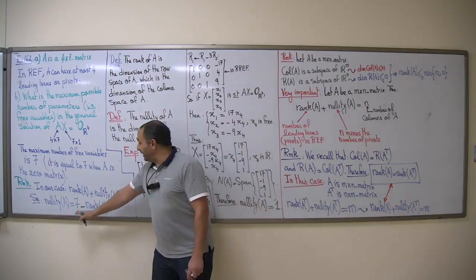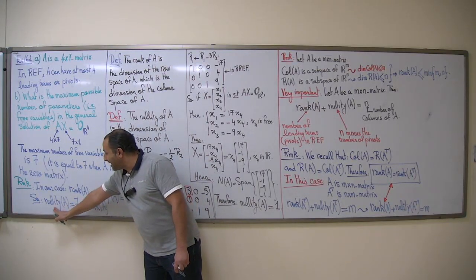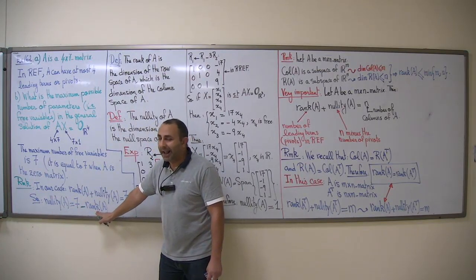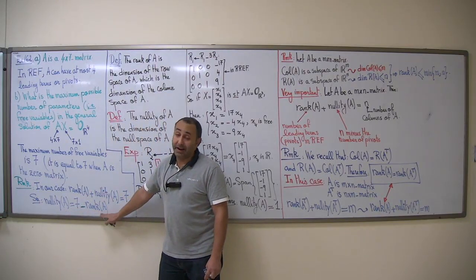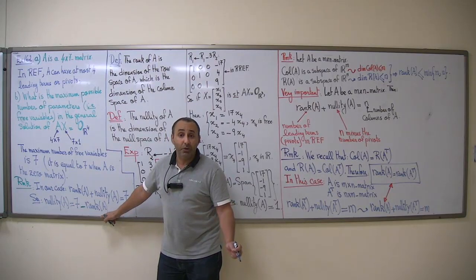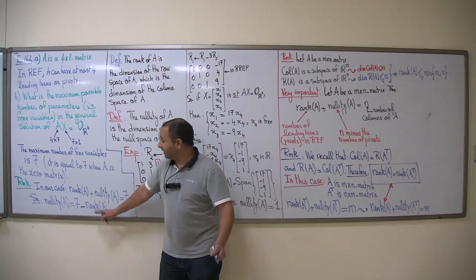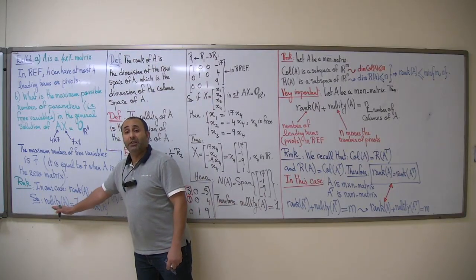So I repeat again, because of the minus sign, if you would like to maximize the nullity, you need to minimize the rank. And the rank is equal to 0 for any 0 matrix, square or non-square. This is why you find that the maximum for the nullity will be 7.